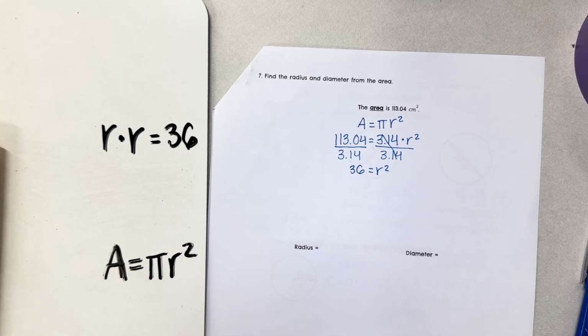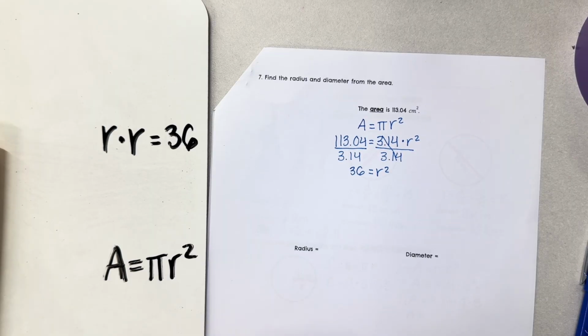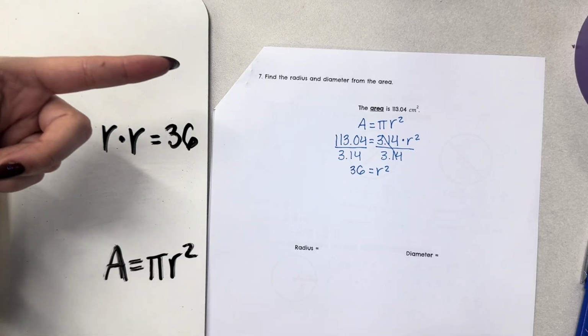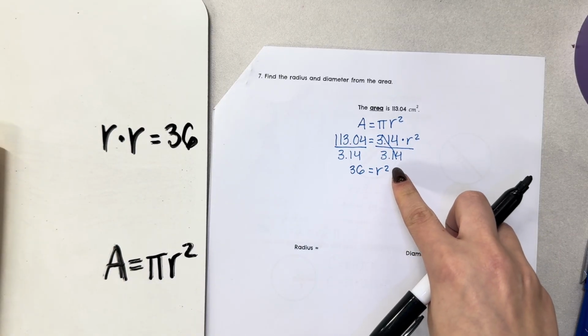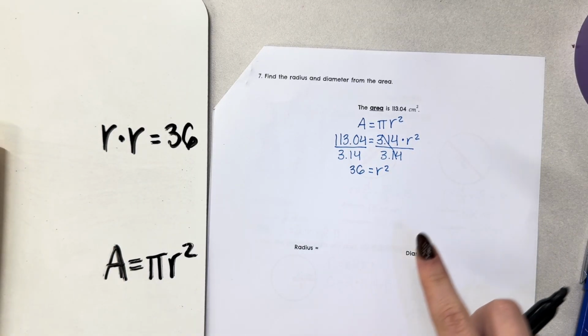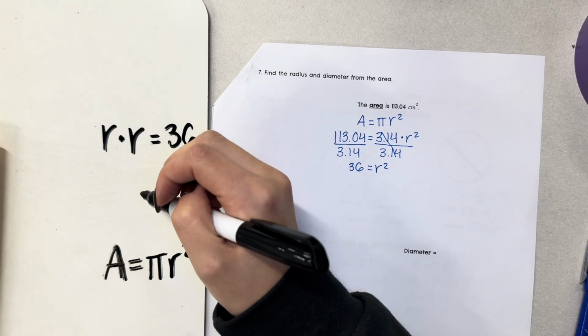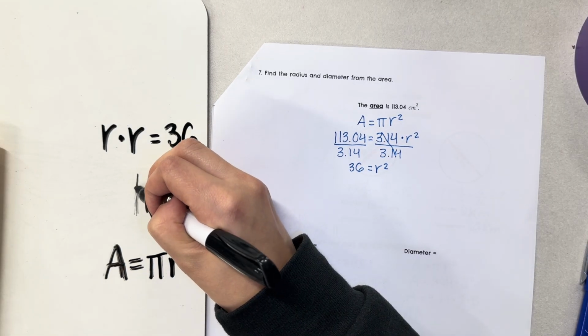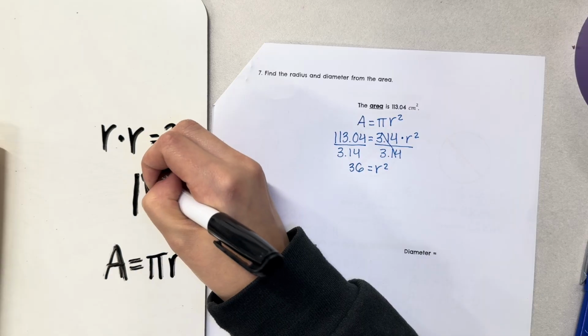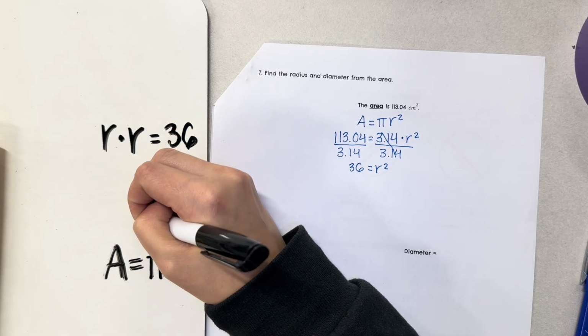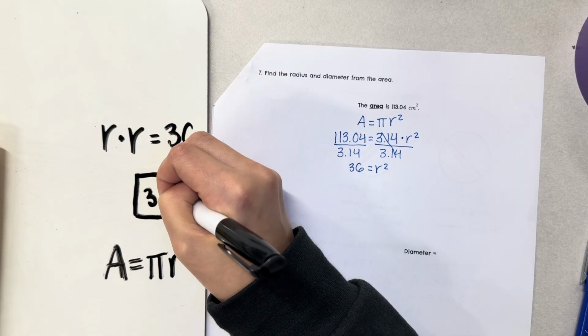In order to figure that out, we use something called a square root. Square root is the opposite of squaring. R squared is squaring our r. The opposite of squaring would be taking the square root of something. Let's picture we've got a square. In this square, we know that the area is 36.